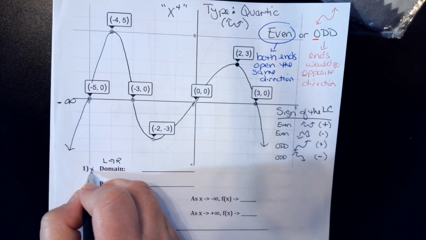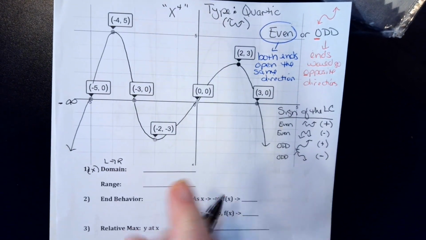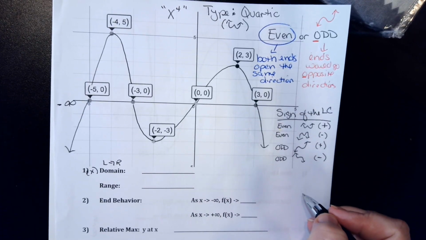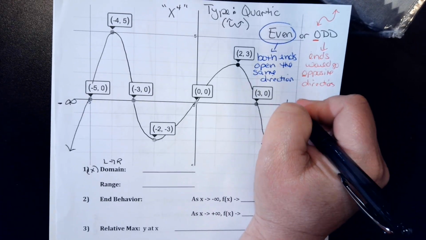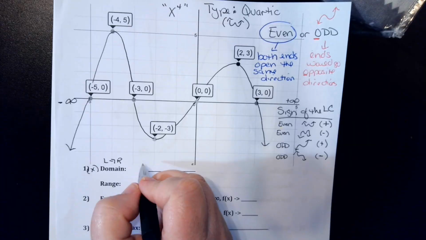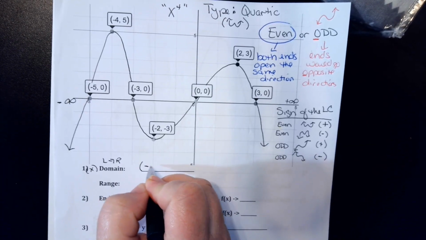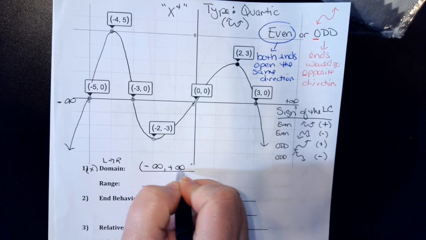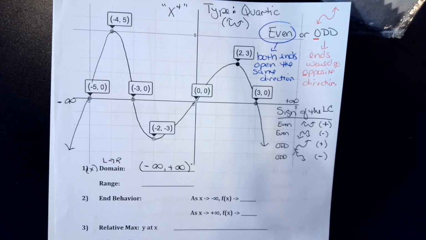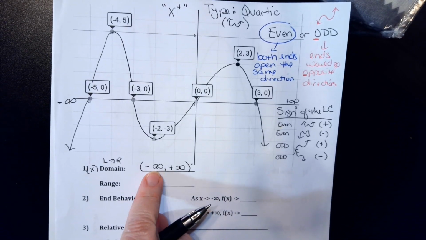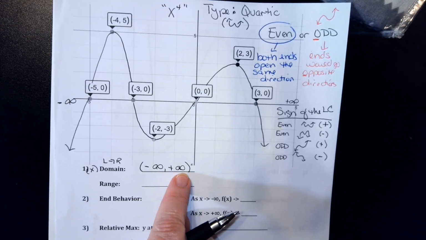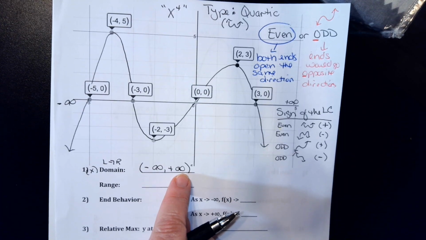And remember, domain always deals with the x values. If it's going to the right on the x-axis, it's going to positive infinity. So we're going from negative infinity to positive infinity. Your negative infinity will always be on the left side of your interval, and a positive infinity will always be on the right side of your interval.